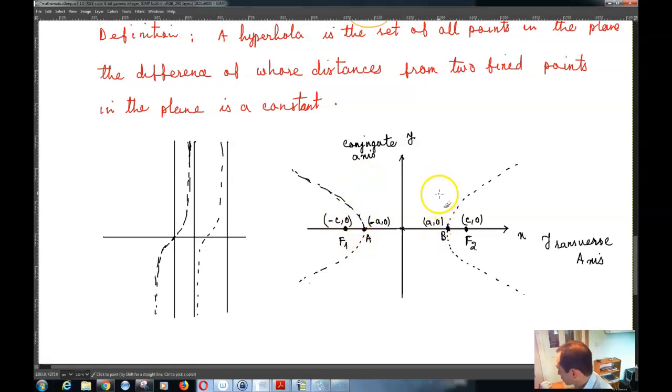Now basically there is one difference between, for example, a hyperbola and an ellipse, in that basically B is, I mean, necessarily you don't see it over here, or you do.